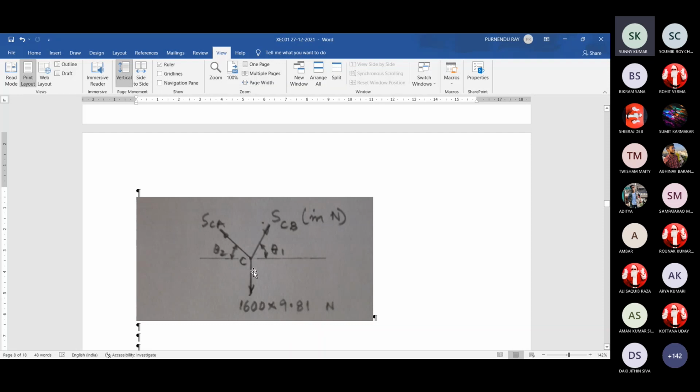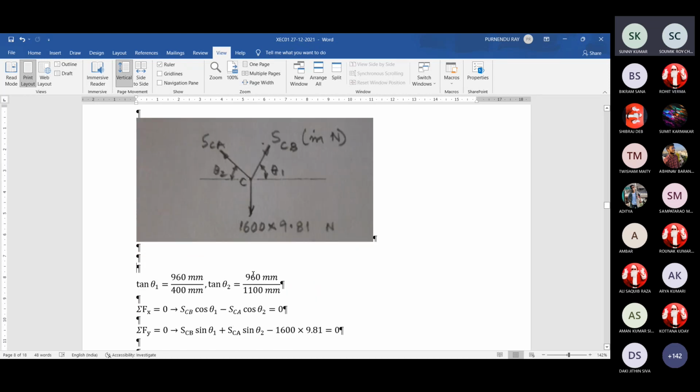So that Lami's theorem, what we are talking about, it will be this self weight divided by sine of 180 minus the summation of theta 1 and theta 2, equal to magnitude S_CB divided by sine of 90 plus theta 2, and here it is S_CA divided by sine of 90 plus theta 1.